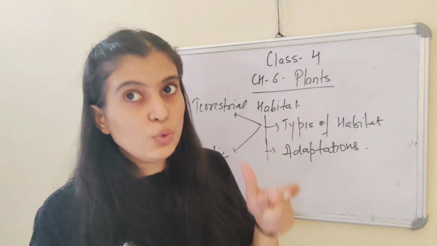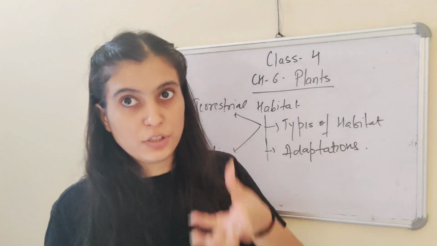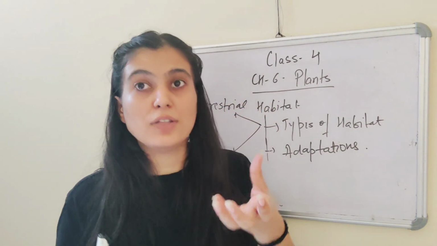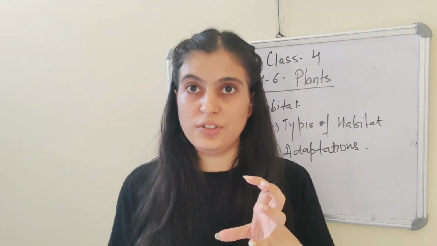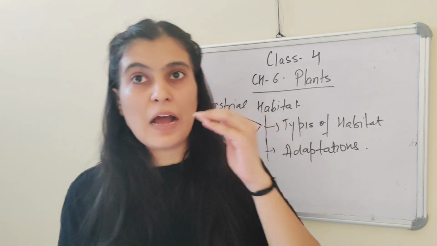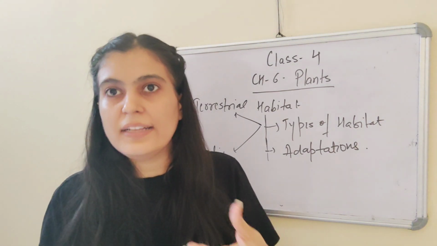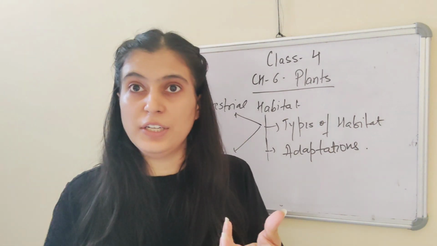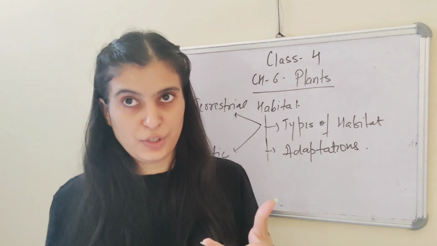So we can conclude that there must be something in the plants, or a type of system, which helps the plants to grow in that desert area. These changes, in which the plants changed their system or changed their behavior so that they can grow in difficult conditions, are called adaptations.